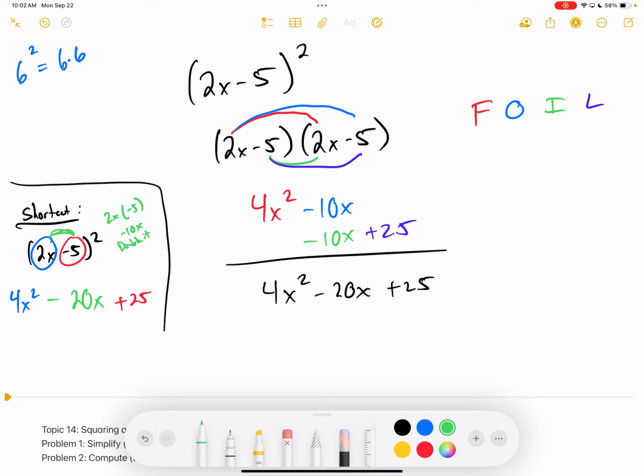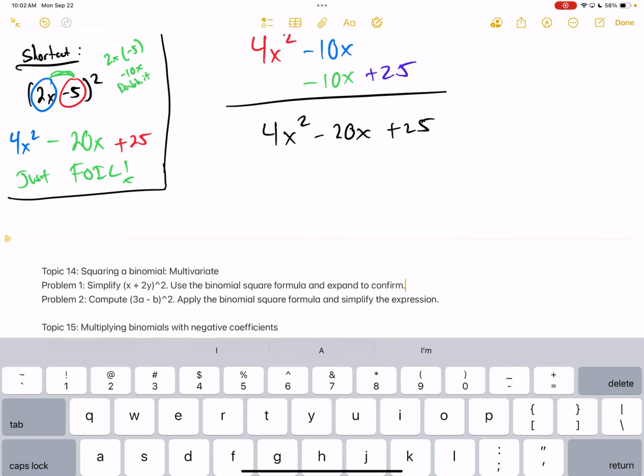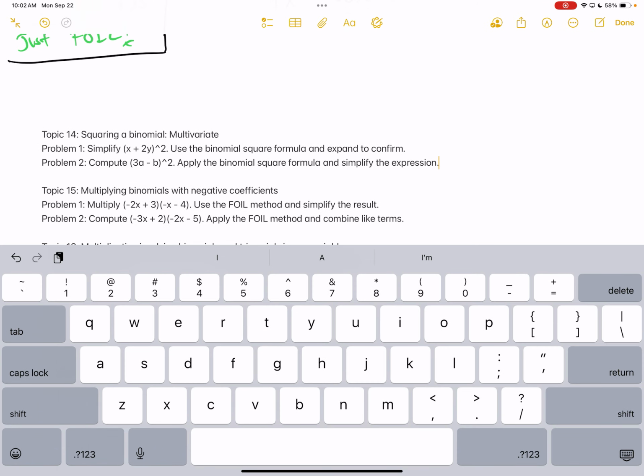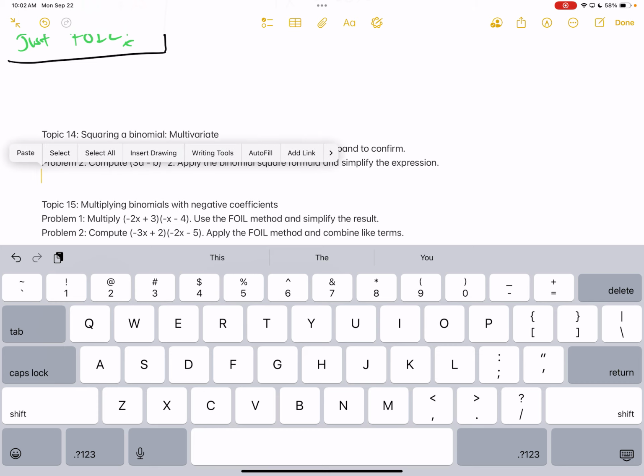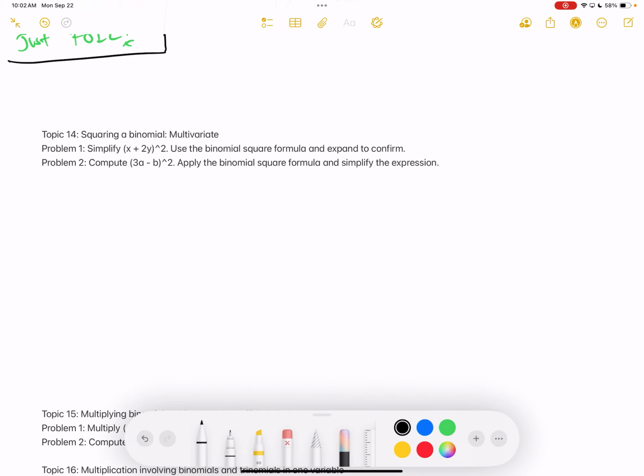That's a hard shortcut, okay? What'd you say? I said it almost seems harder. I know. That's why I don't even like it. I'm just going to write it. It's so much easier just to FOIL. But that is one thing that they may show you there. But I highly recommend y'all get good at foiling, just FOIL it.